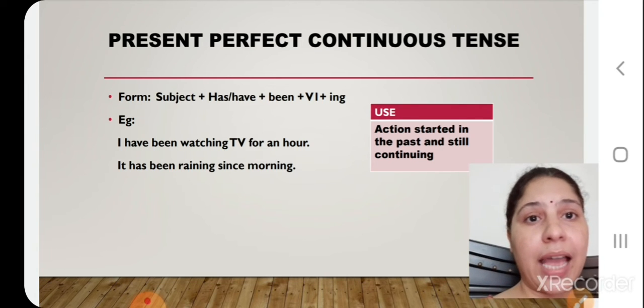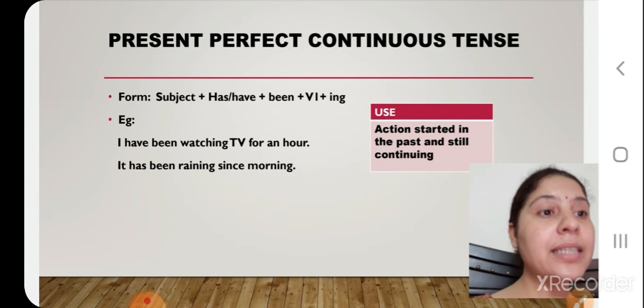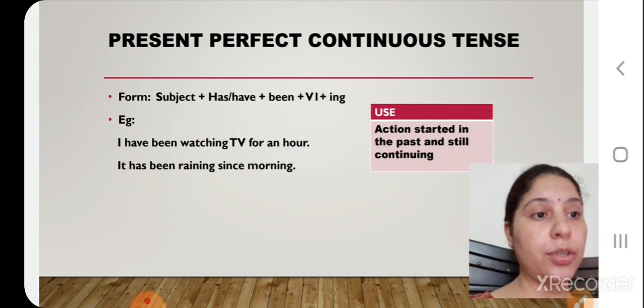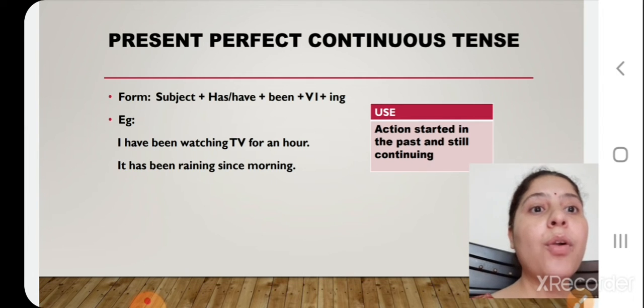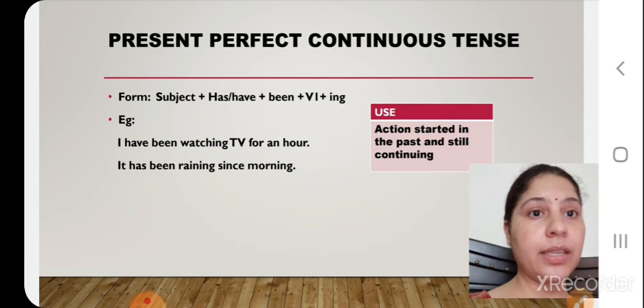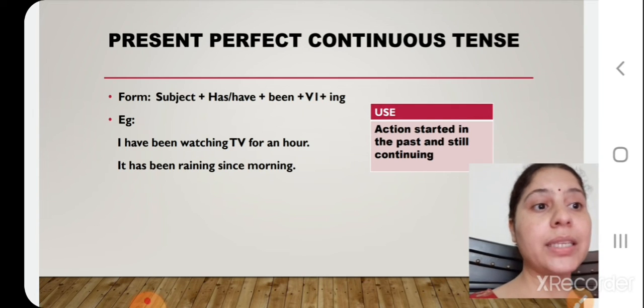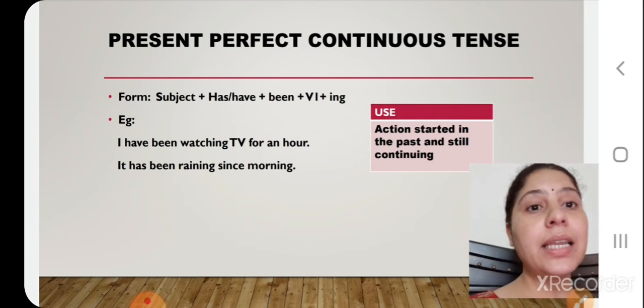If the sentence had been, I am watching TV, full stop, then that sentence is present continuous tense. But here we are giving the time frame that for an hour, the duration we are giving that for an hour I have been watching TV. So an hour back I started watching TV and I am still watching it. Something started in the past and is still continuing.